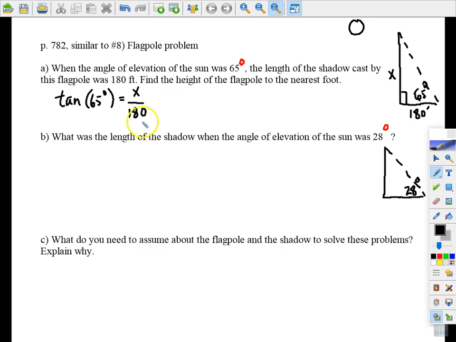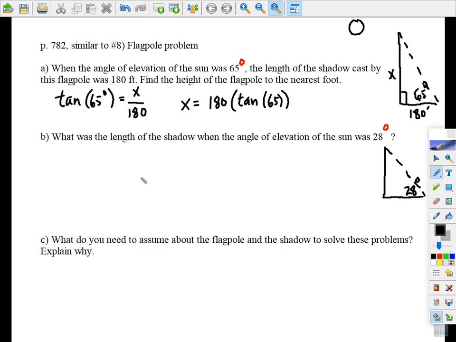All right, so this is going to be pretty easy to solve for x. We're basically going to solve for x by multiplying by 180 on both sides, which means 180 times tan 65.